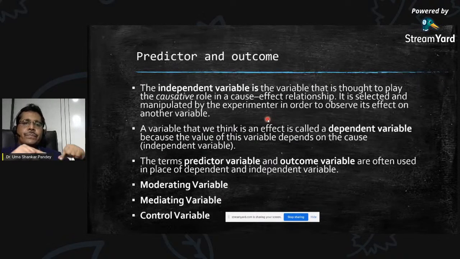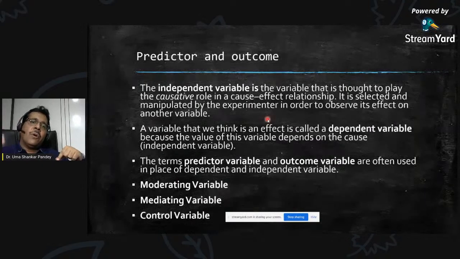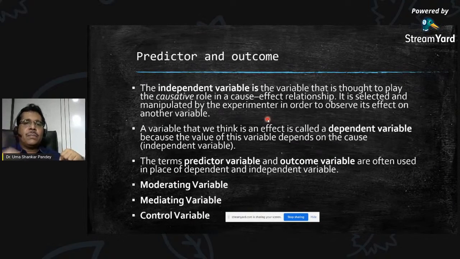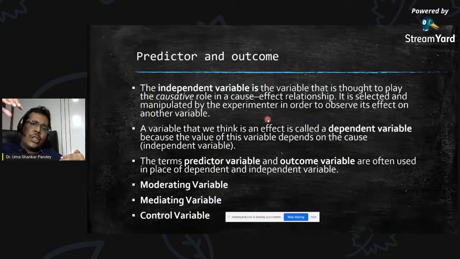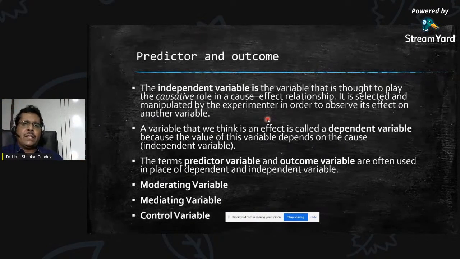Say for example, the weight loss is moderated by another variable which we have to at times take care of. That moderating variable could be gender, your prior weight, or any other thing. So a moderating variable contextualizes the dependent variable.